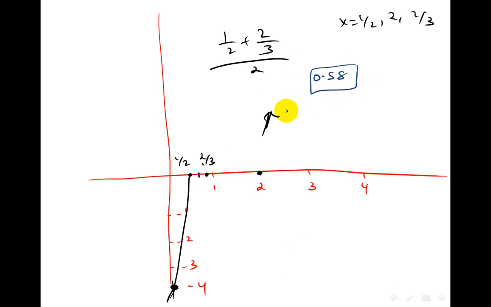Plug in this number in the original function. So once you plug in this in the original question, find the local maximum.